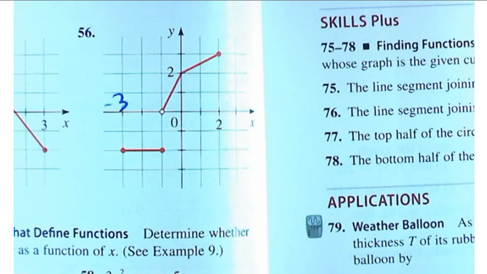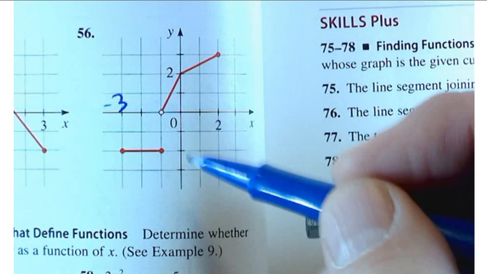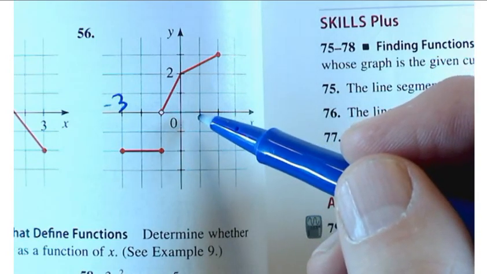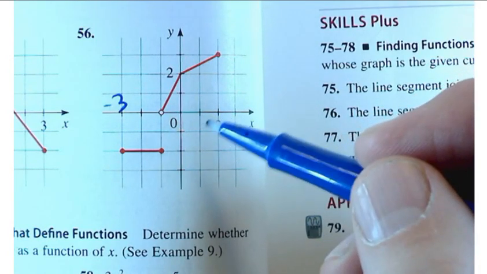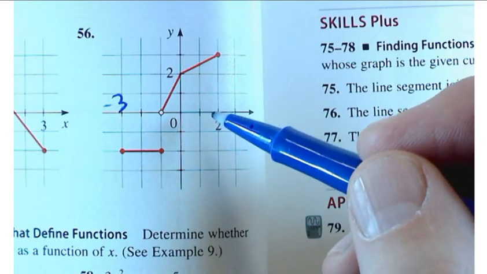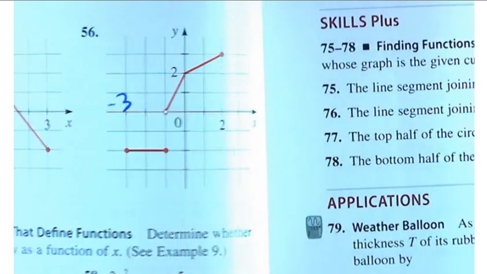Good. -2. And then if it was in notation, would you use the union, not including 0 to 3? Perfect. So here's what we'll do. For problem 56, our domain was -3 to 2.